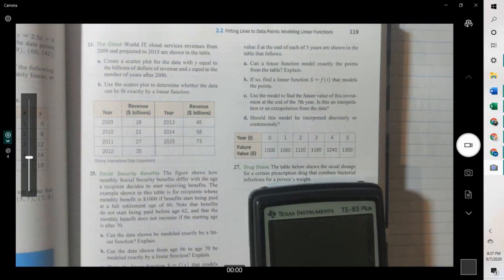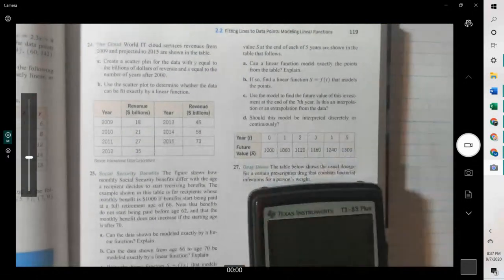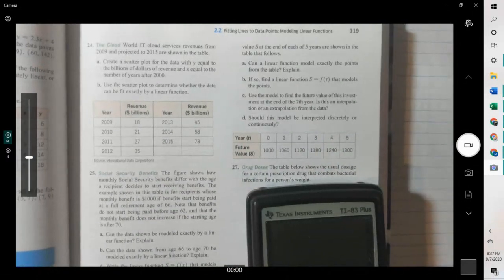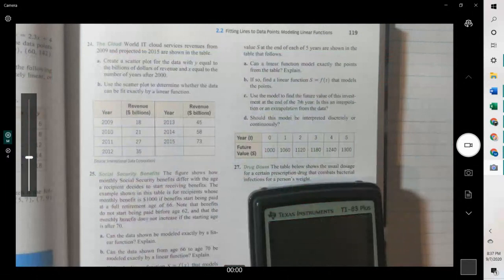Can a linear function model exactly the points from the table? Explain. Well, in order to explain it, one, you could find the slope from each of these points, and if it's the same, then it can, or we can plug it into our calculator.